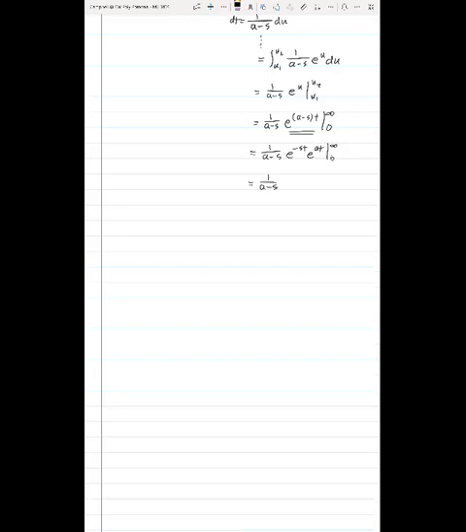Now we have e to the negative s infinity e to the a times infinity minus e to the negative s0 e to the a0.